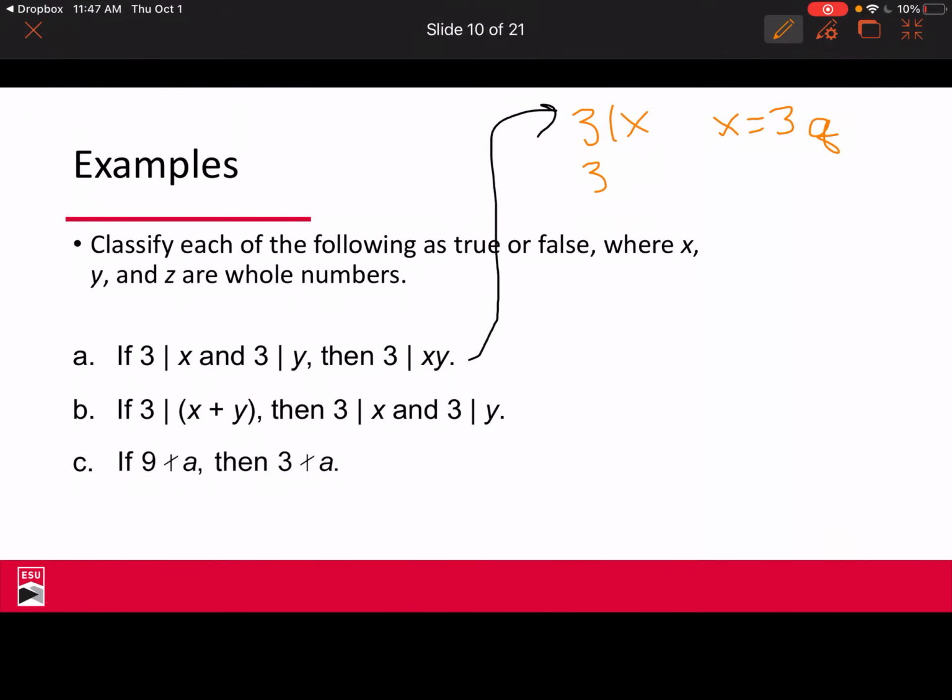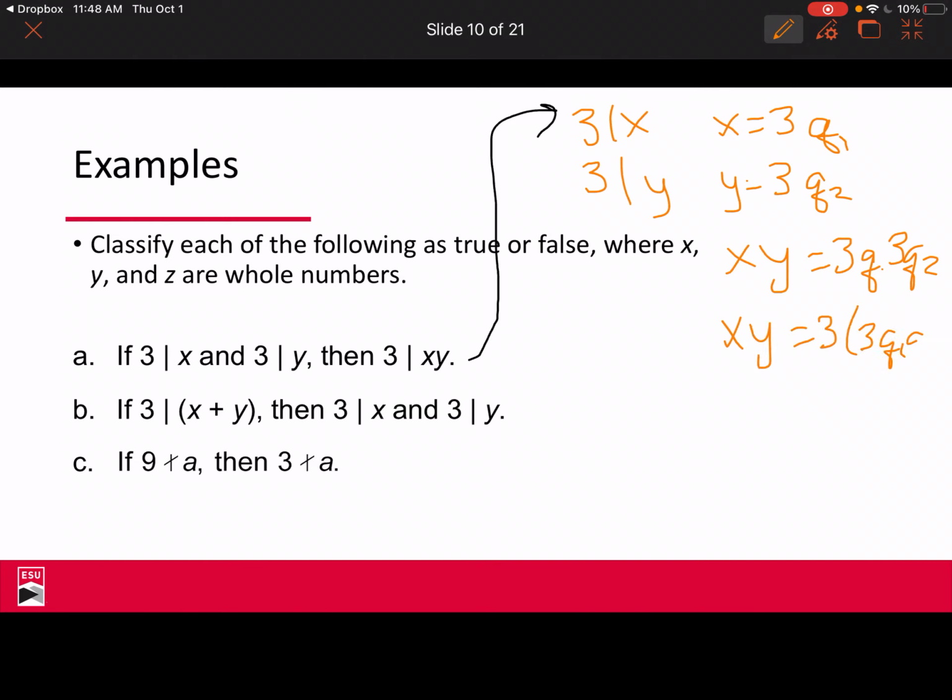And if 3 divides y, that means y equals 3 times some q2. Well, that means x times y equals 3q1 times 3q2, and xy is 3 times 3q1q2.